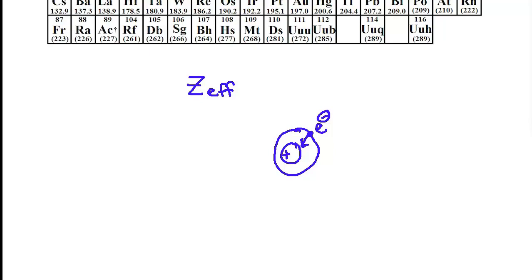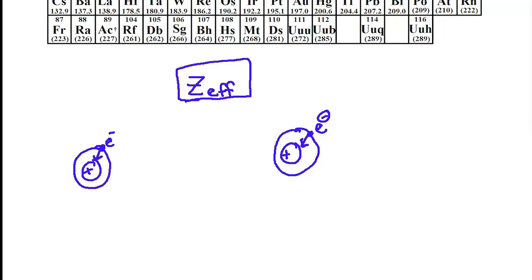And so this attraction, or this ability to bring in the electrons closer to the nucleus, is effective nuclear charge. That's what Z effective is. So if I take a look, I might have an atom that has a relatively low number of protons. And so it does a fairly poor job at pulling in these electrons.